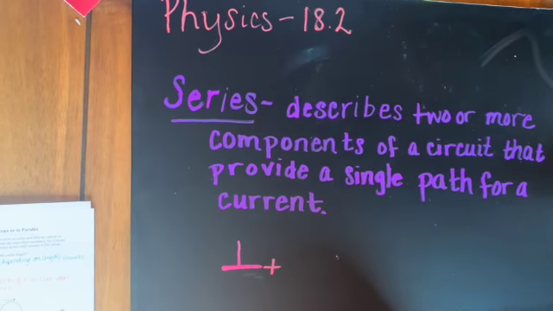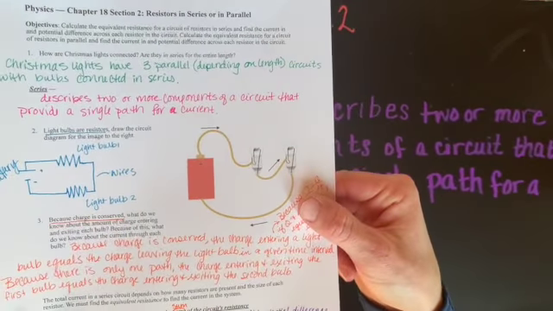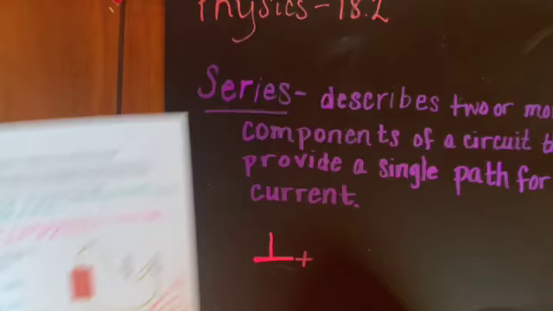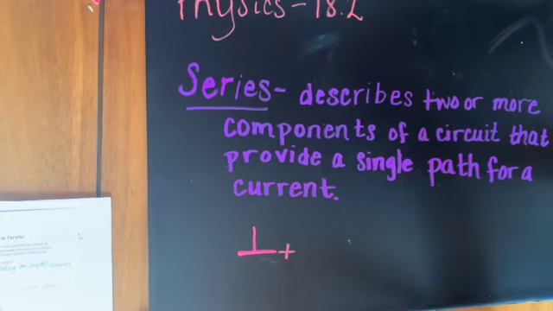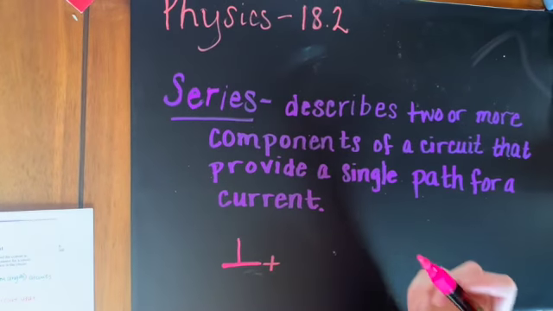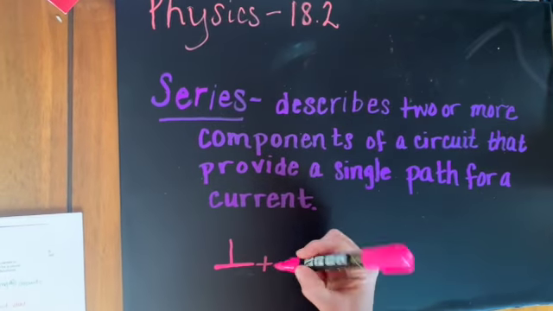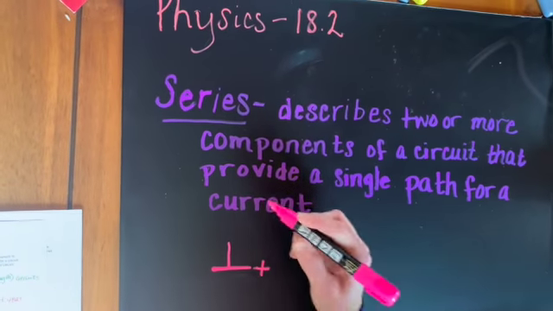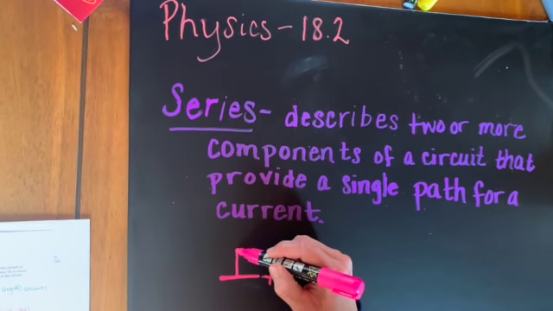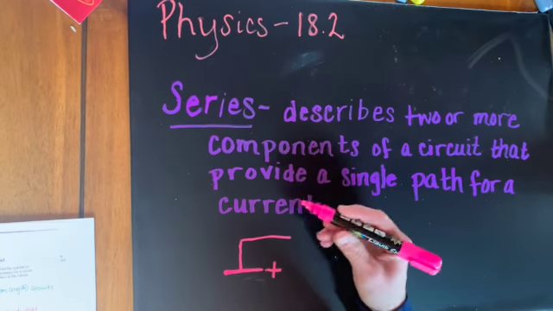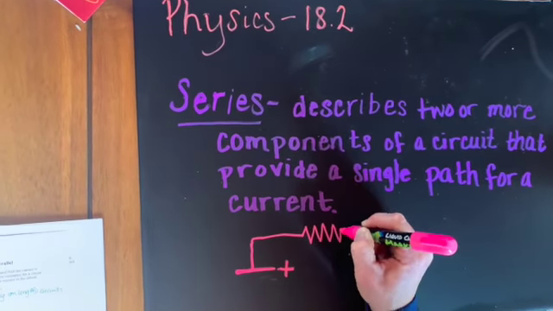So on your second question, you have this picture of your battery with two light bulbs in series, and it's asking you to draw a circuit diagram for the image. Now we're going to draw light bulbs as resistors. So we're going to start with our positive terminal. It's going to come in here, and then we have our wires coming off. And then this is how I like to do it. Then you have your first light here, which is your resistor.